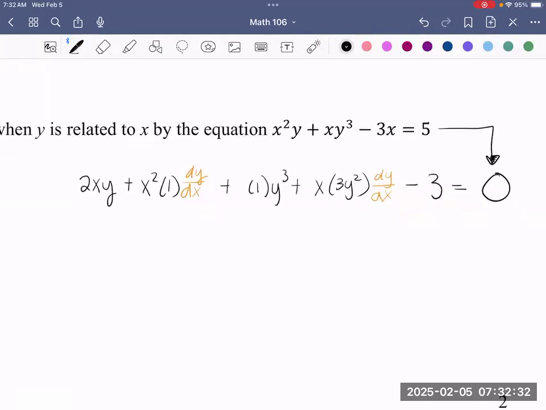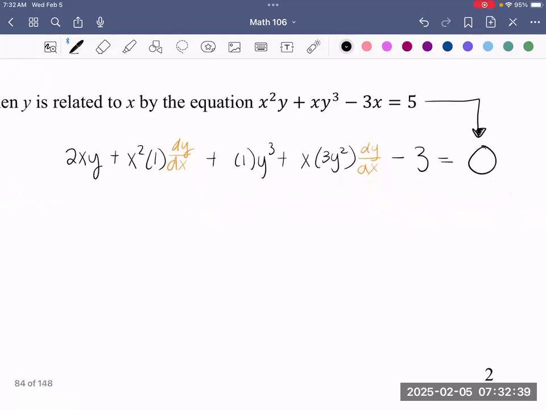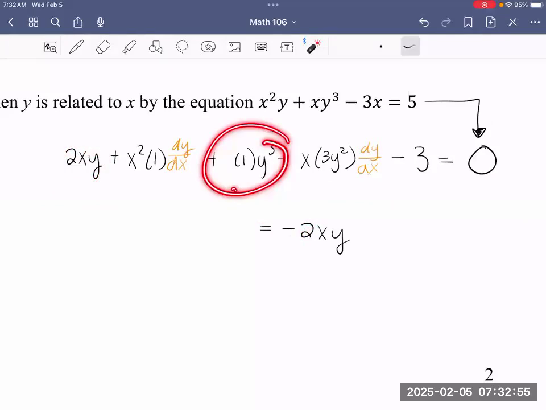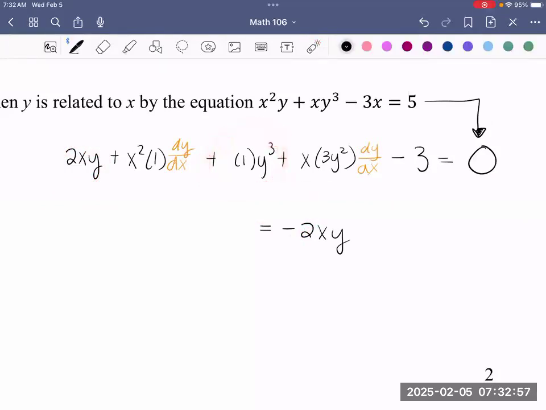So now let's go ahead and start to bring some terms together, start to simplify. So I'm going to keep dy dx terms on one side, and then everything else should come over to the other side. So on the other side of my equal sign, I should get a -2xy. So this term I'm going to subtract to the other side. Same thing here, I'm going to subtract my y cubed to the other side. And I'm going to add my 3 to the other side as well. So bring all of that over.